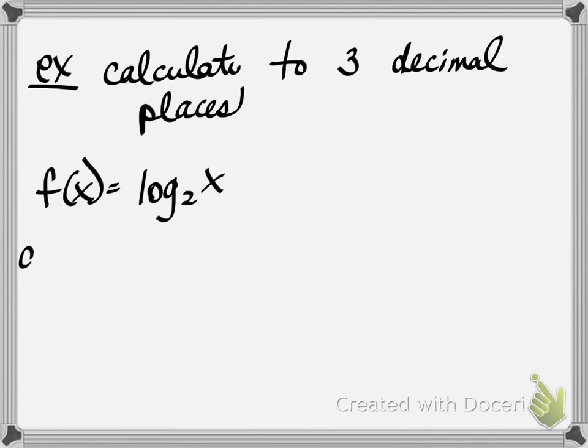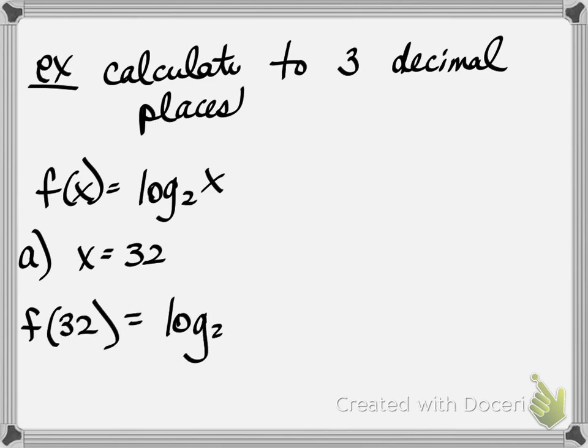Let's find that answer if x is 32. So on your calculator, you're going to be able to work out f of 32 by doing log base 2 of 32. So you can go to math and you can arrow down to log base, and it will bring up this blank logarithm for you to fill in.